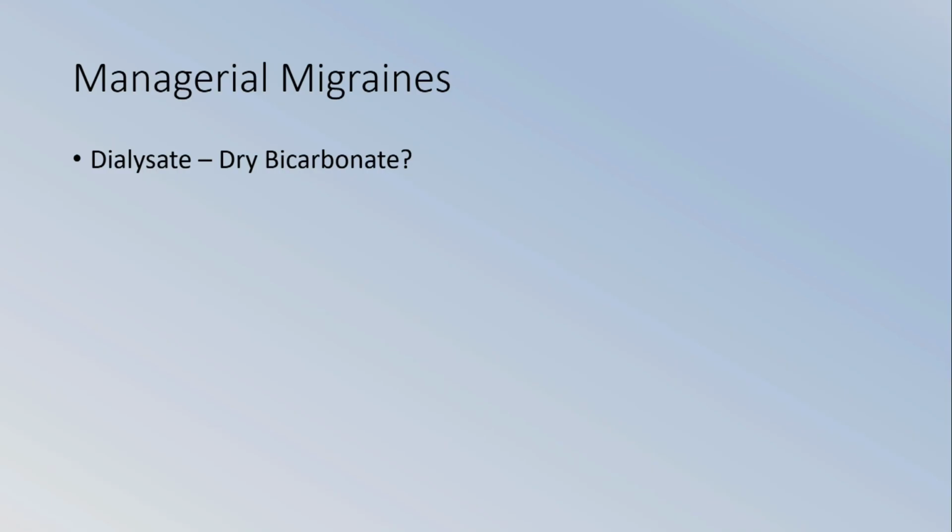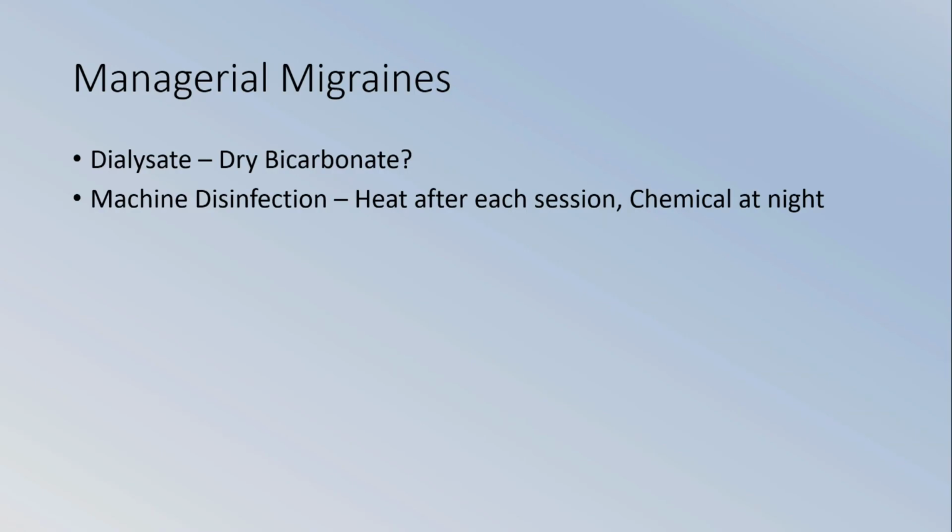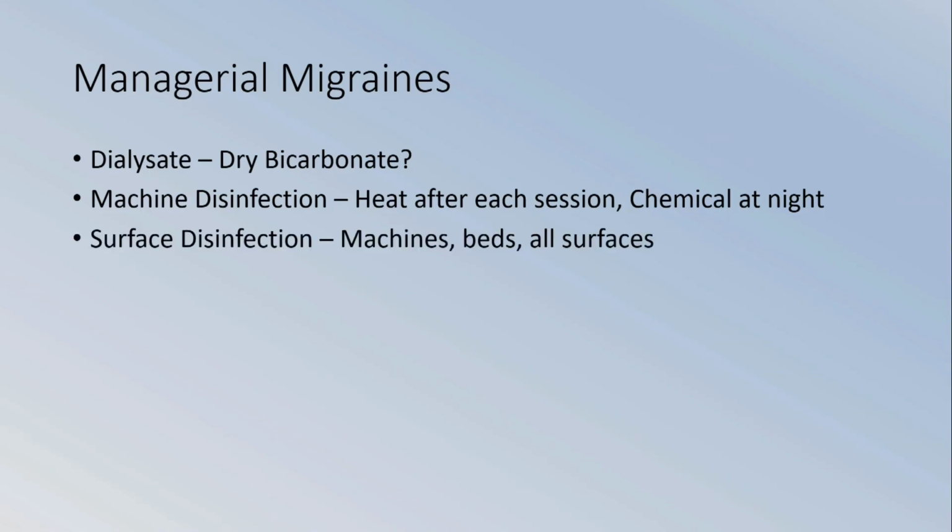But we also have to look at the dialysate cans. If you are using part A and part B cans, then we have to look at the asepsis of those cans. Or machine disinfection, typically heat disinfection after each use and chemical disinfection at the end of the day. Surface disinfection after every use of the machine, and also of beds and all other surfaces.